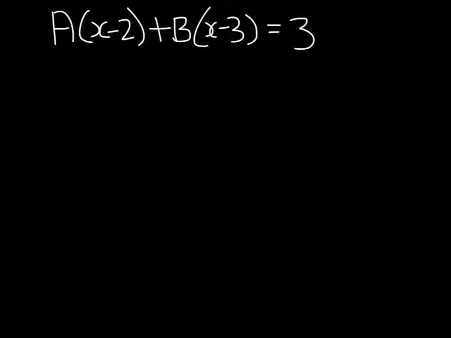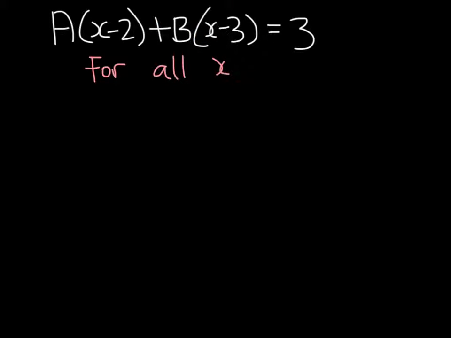Okay, so now we have this equation, and we know that this is true for all x. So what we can do is plug in some sample values of x to see if we can solve for a and b. Usually some good sample values to plug in are values that will make the things here equal to 0.